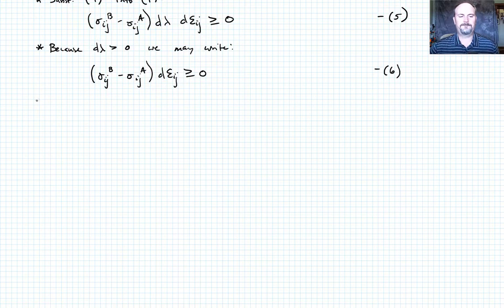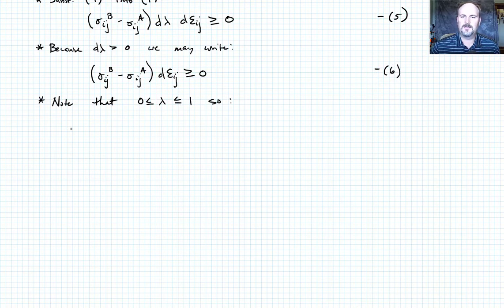Remember too that lambda itself had a value between 0 and 1. This is essentially multiplying this constant value times whatever this increment is. So note that lambda is somewhere between 0 and 1.